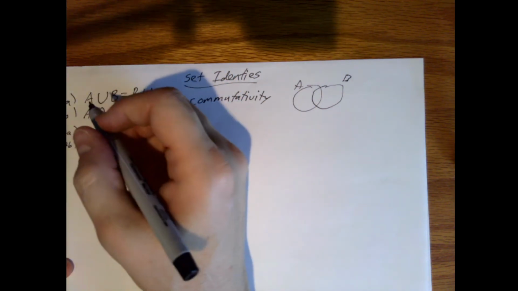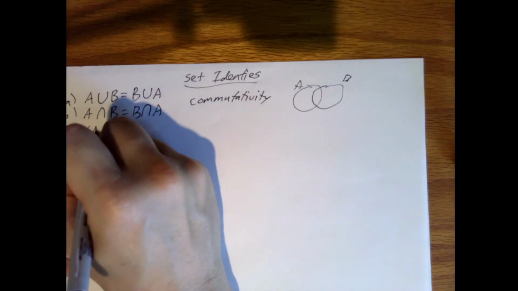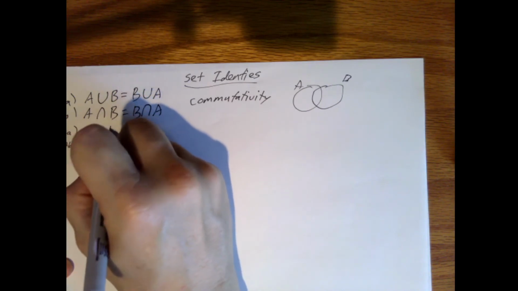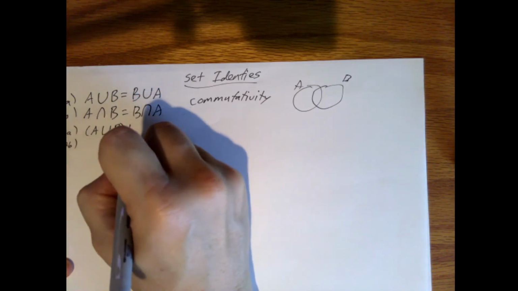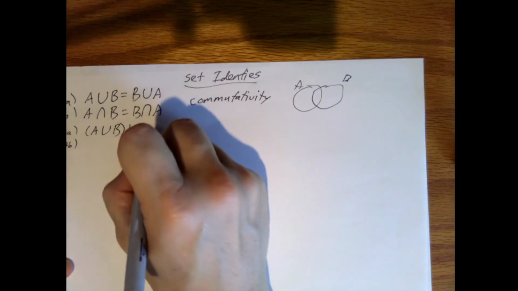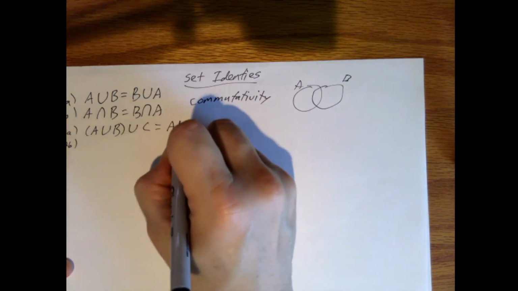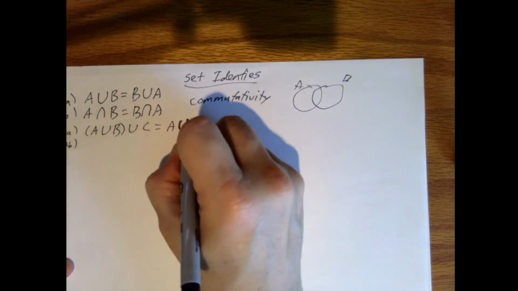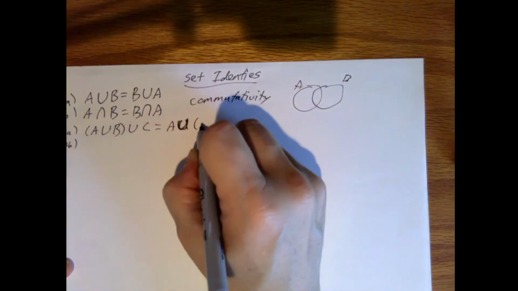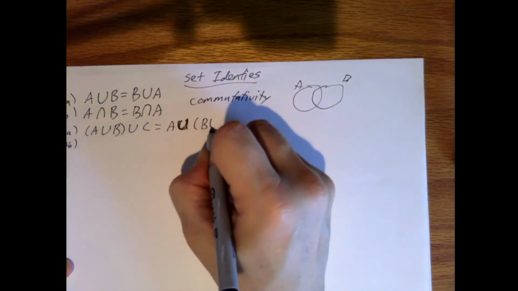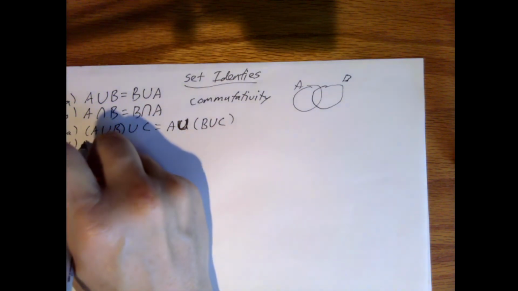We also have associativity. So the union of A and B, and the union of that with C, would be equal to the union of A, sorry, this should just be this cup, with the union of B and C. And same thing for intersections.